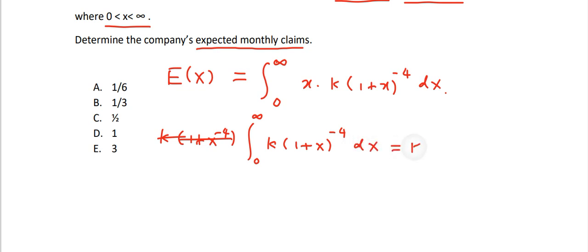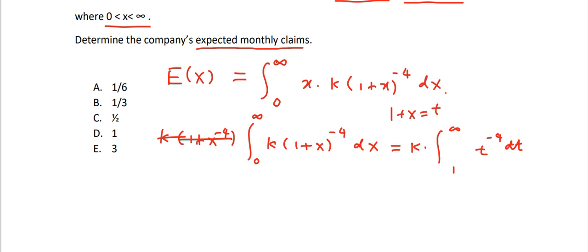At first, for this integration of (1 plus x) to the negative 4, we change 1 plus x to t, so t goes from 1 to infinity. Here t to the negative 4 dt, integrated, gives 1 over 3.